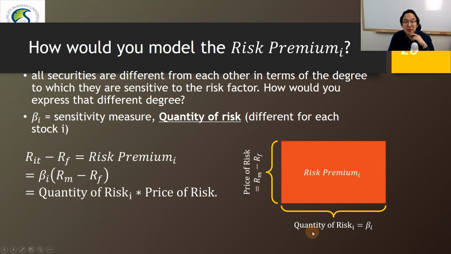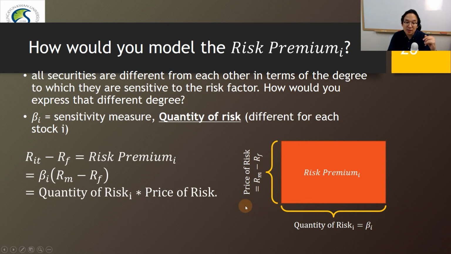These jargons may be tough for you, right? But if you try to grasp it one by one, slowly, you'll figure this out. You see this rectangle, right? The area of it, I call the risk premium of Tesla i. The area of it is a multiplication of this and that.